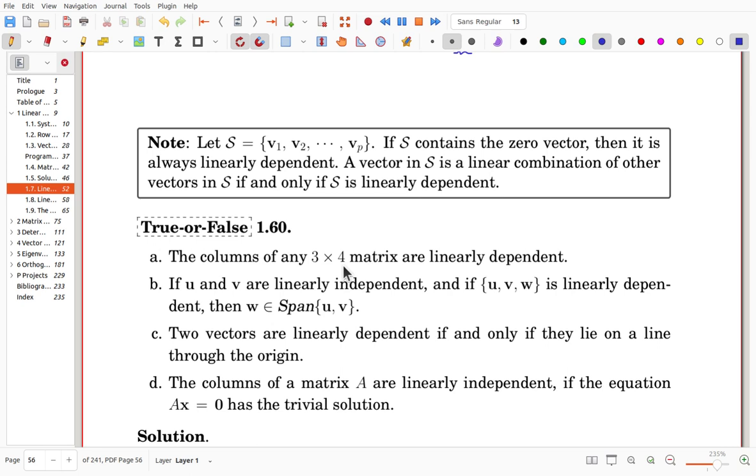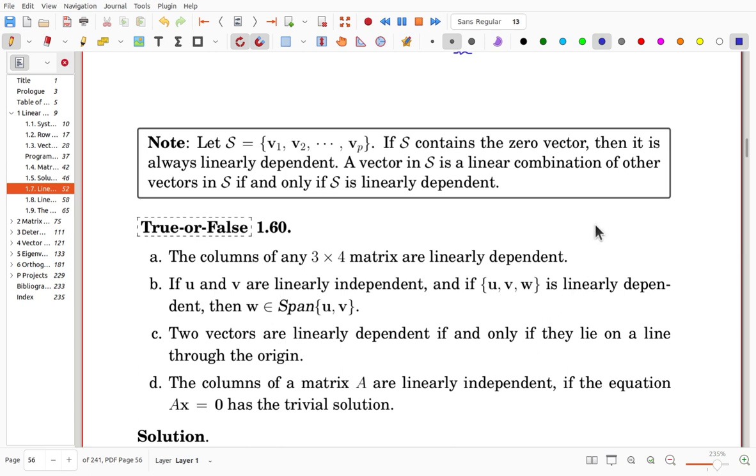So the columns must be linearly dependent. Next: if U and V are linearly independent, and if U, V, W is linearly dependent, then W must be in the span of U and V. Is it true? Yeah, it is true. You can figure it out quite easily.